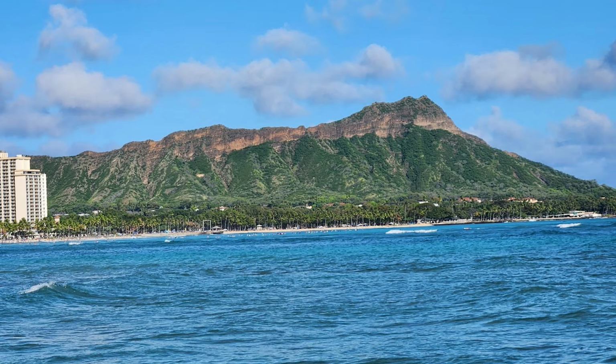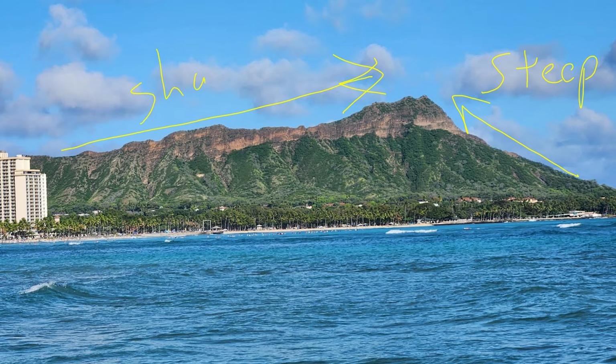For example, here, consider this side versus this side. This side over here is steep. This is a lot more shallow grade. And I can tell this by looking at it from the side. If I was looking from up above, it would be difficult for me to see how the land is shaped and get a sense of the gradient.